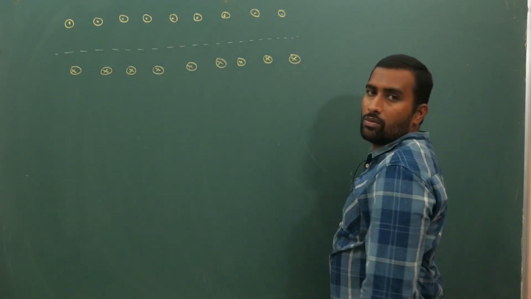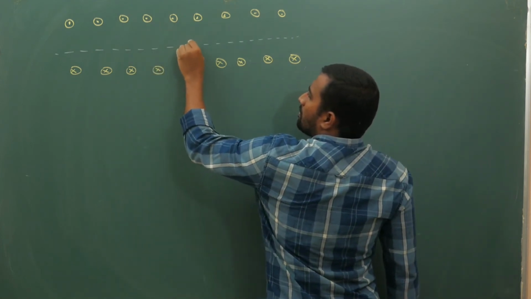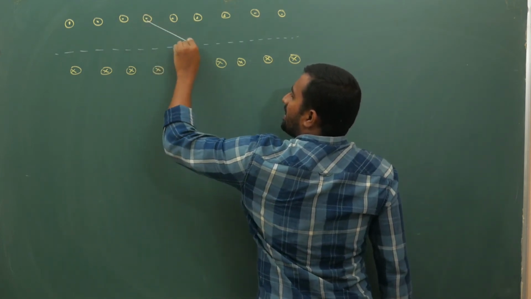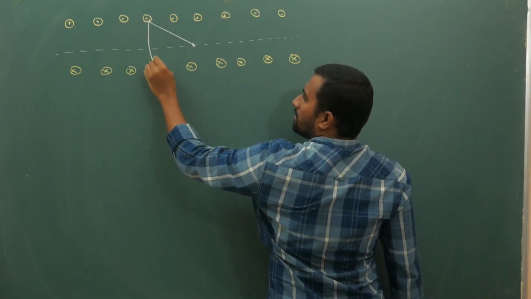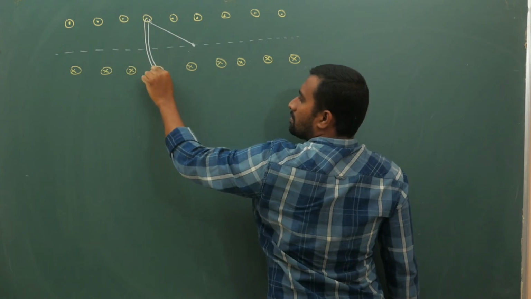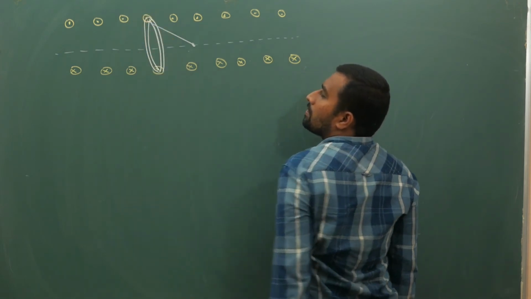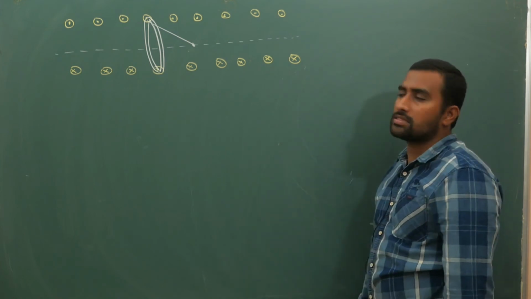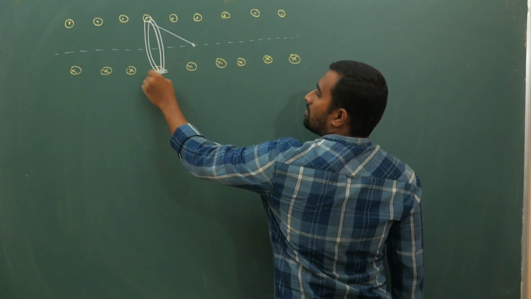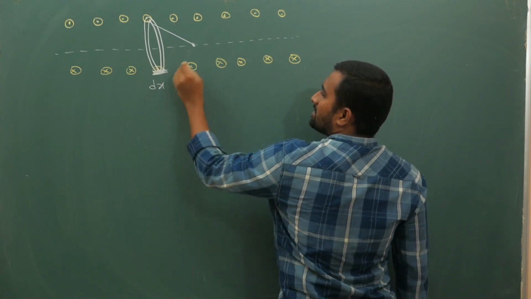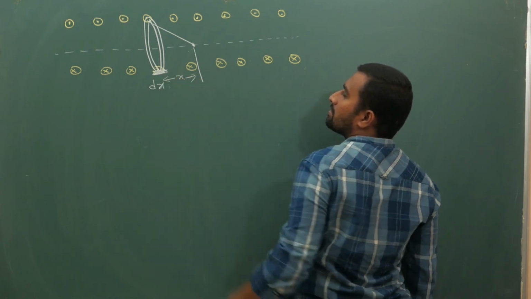Now what we are going to do is, if I take a small patch here, this patch will have a width of dx, let us say from here to here, this distance, let us say it is x.